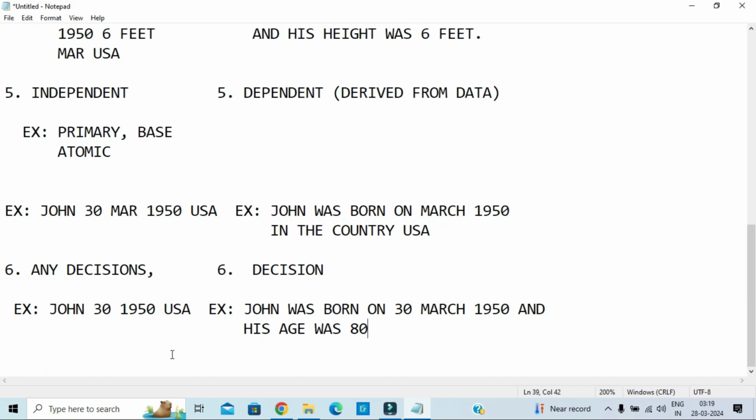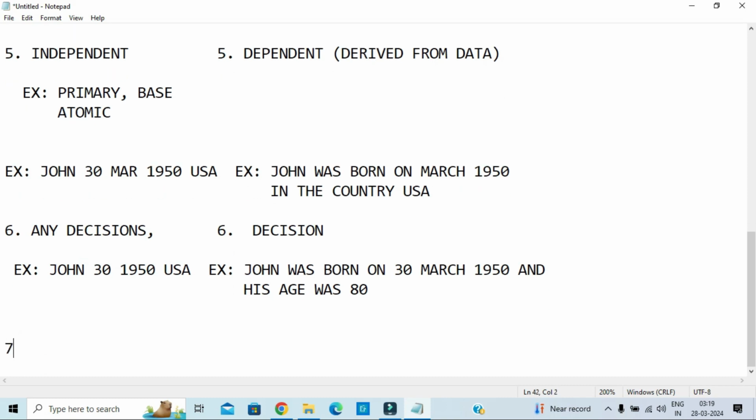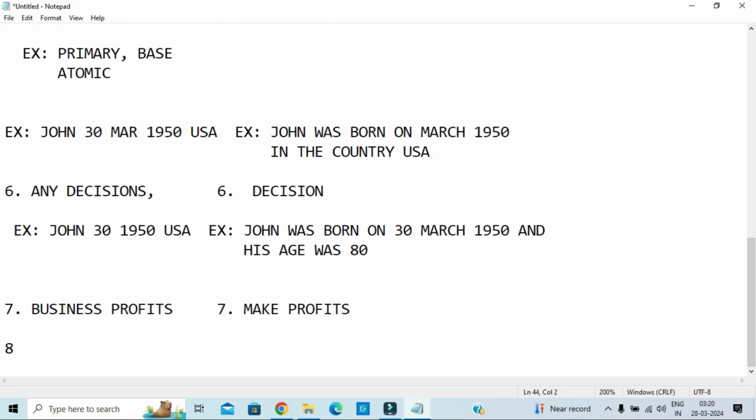There are a lot more disadvantages for data. With data we can't make any kind of business decisions, no profits can be seen because we can't take any decisions. Here you can get proper profits. We can make profits from this information. That's why information is very important, profitable decisions can be taken.